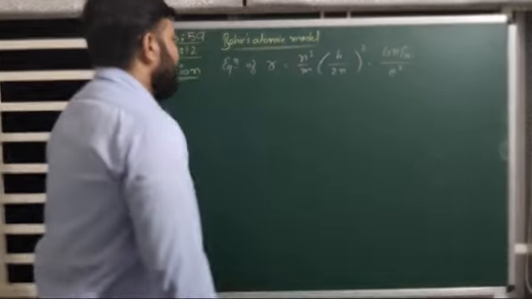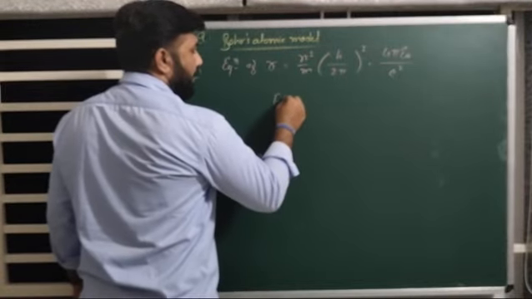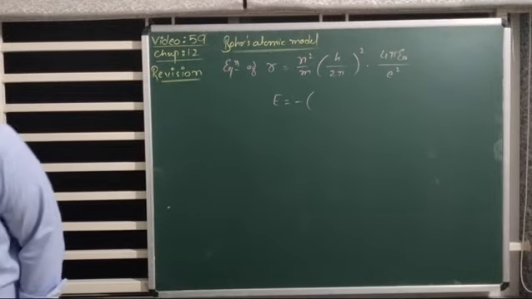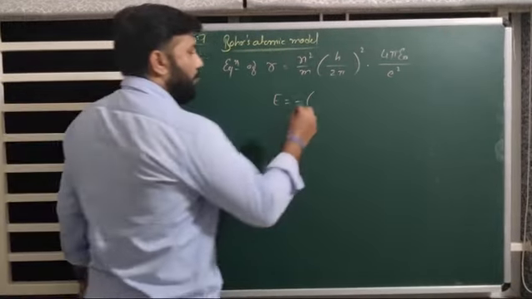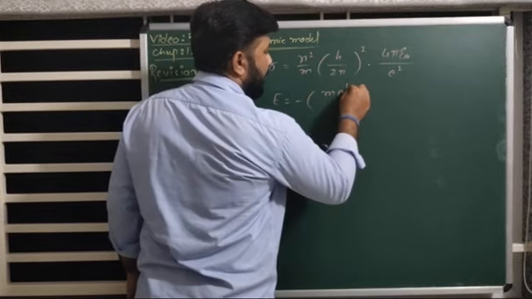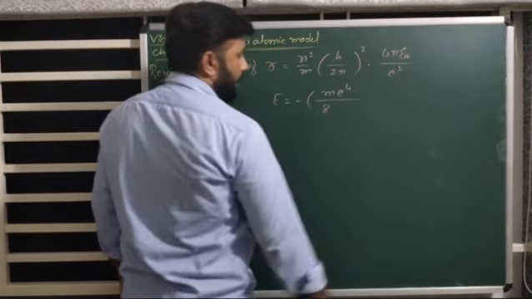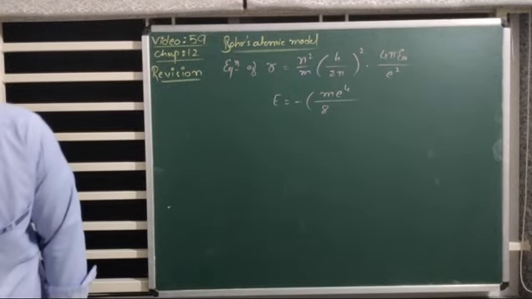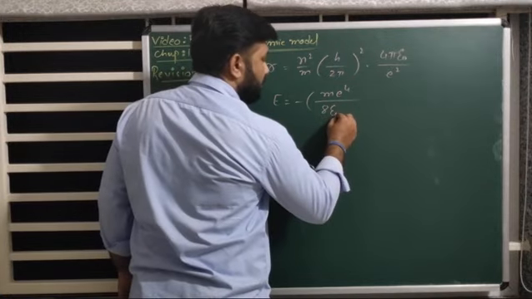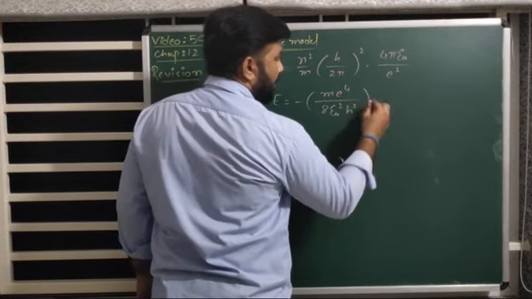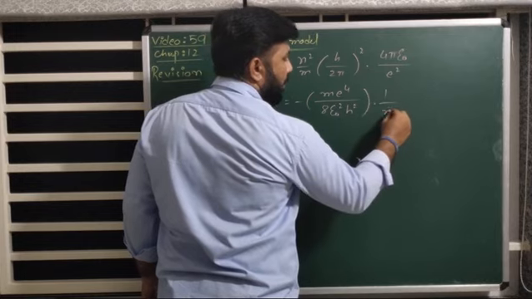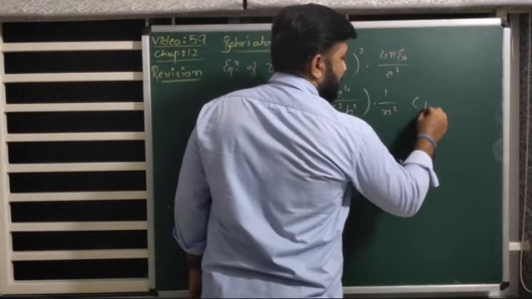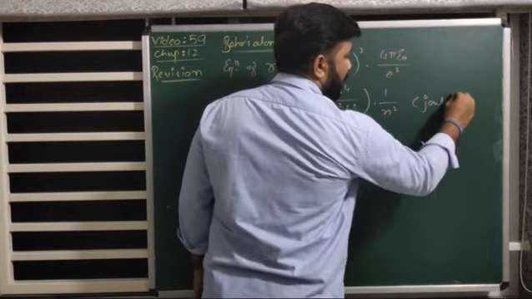Not only that, the equation of energy: E is equal to minus, what was that? m e raised to 4 upon 8 epsilon 0 squared h squared n squared. Okay, this answer is in joule.